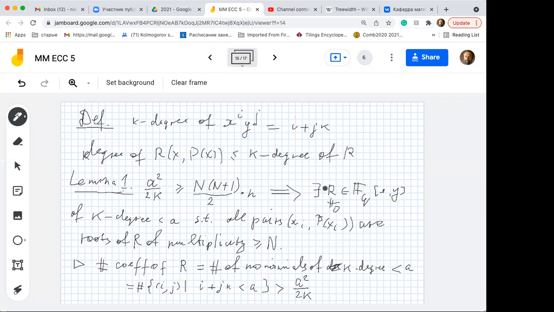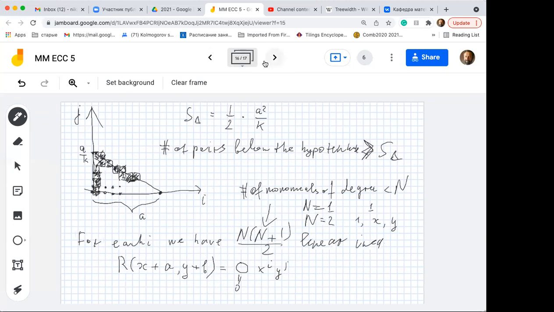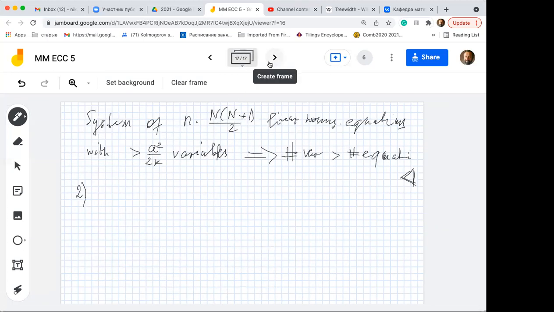And then we will find such an R satisfying lemma 1, which is non-zero, just by solving a system of linear homogeneous equations. So on step 1, we find R.